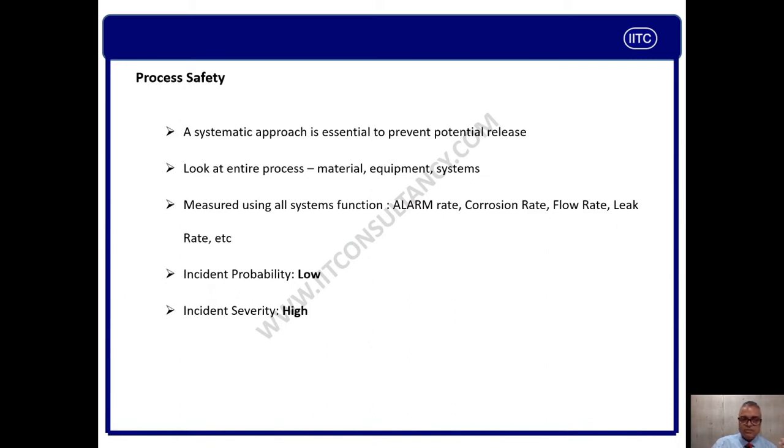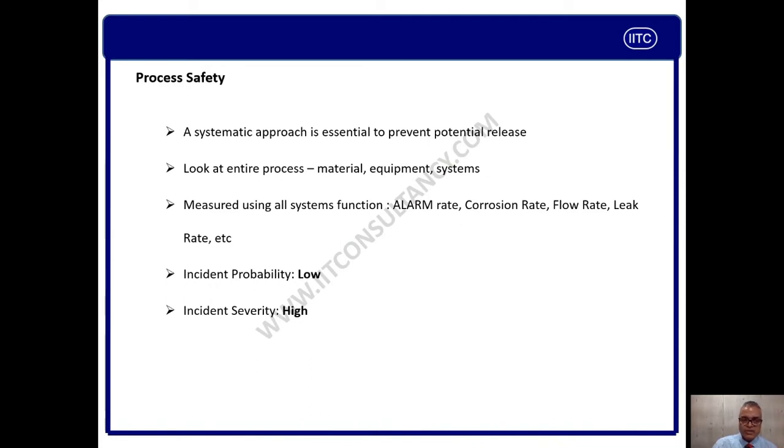If you see in terms of probability, these process safety events are very few, but the severity is very high. When I say severity is very high, that means it can kill many people at one point of time, because this is a process safety event.